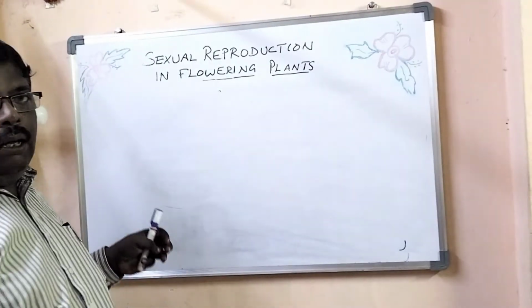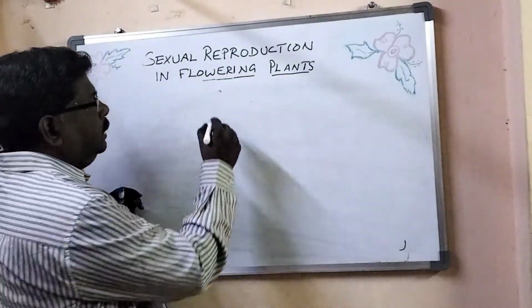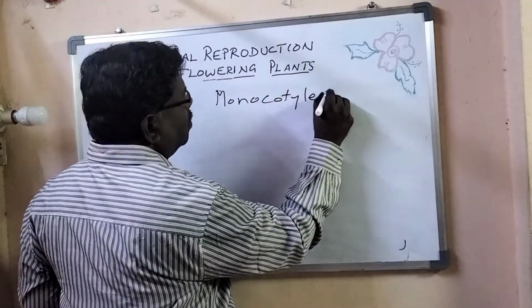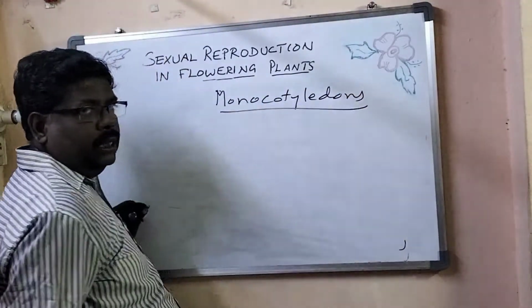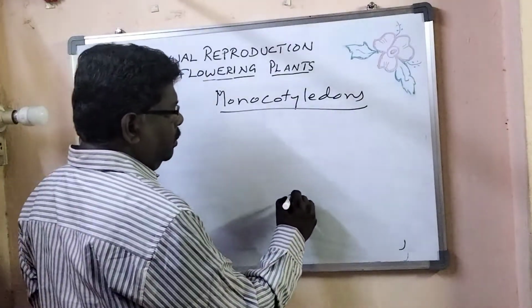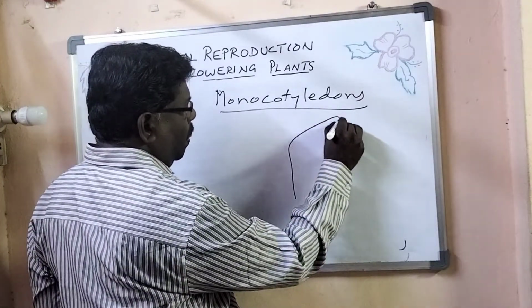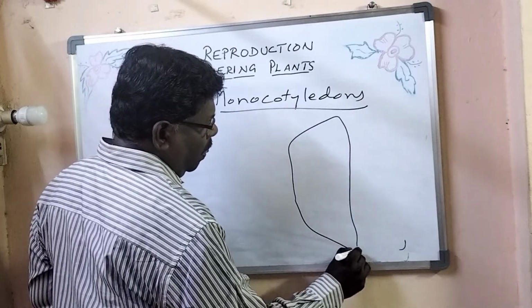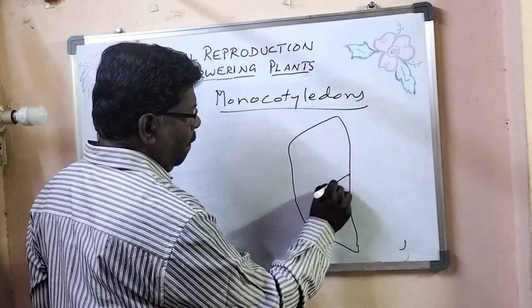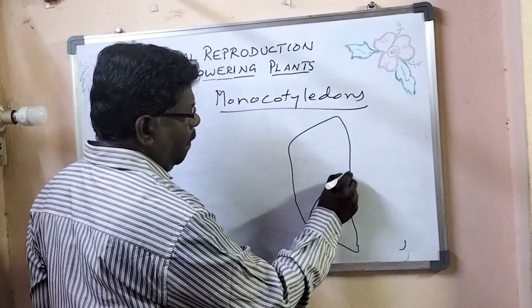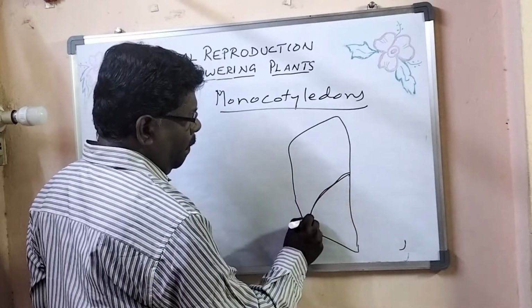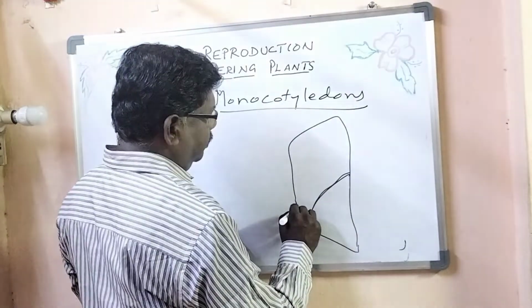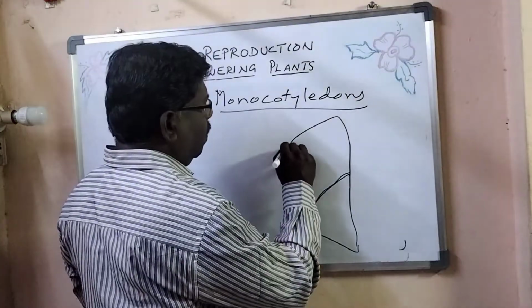So now let's see how it is happening in monocotyledons. I'll show the structure of the seed here. It will be like this.